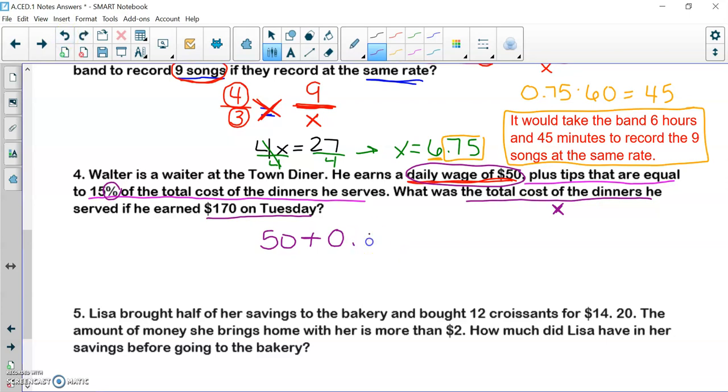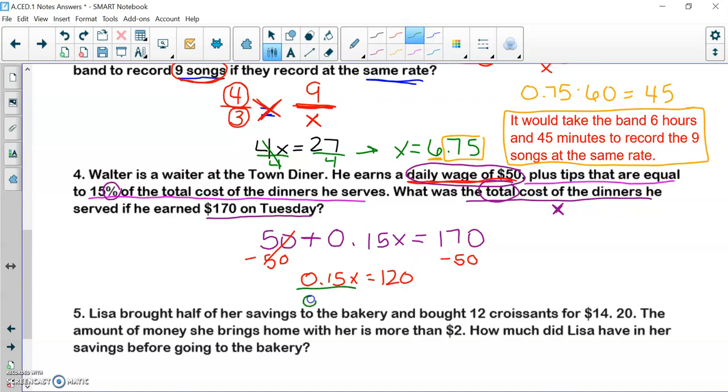And he earned $170, meaning his total equals $170. So now we're just trying to find X, which is the total cost of dinners that he served. So I'm going to subtract 50 from both sides. I now have 0.15X is equal to 120.